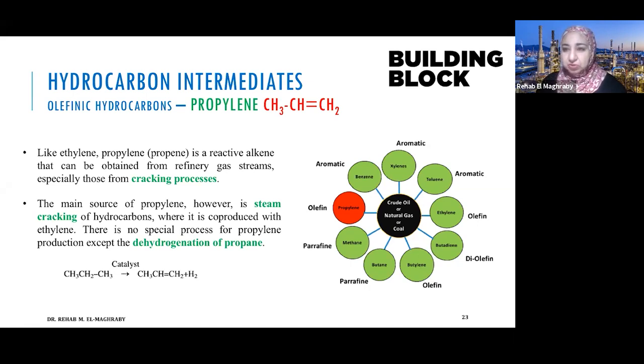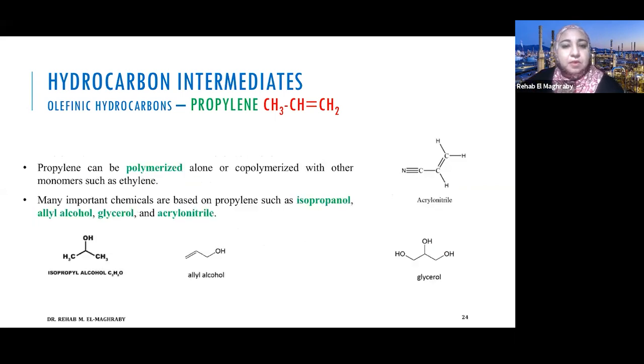The propane is cracked. Steam is also fed with the propane, and it is converted to propylene. In this process, sometimes we use a catalyst. For ethylene, we don't use a catalyst. For propylene, sometimes we use a catalyst. It is a catalytic based process.